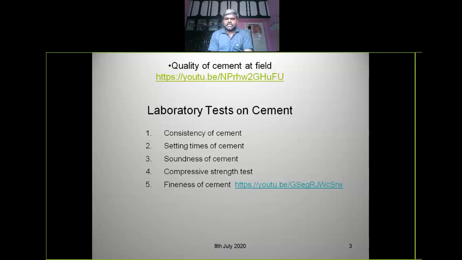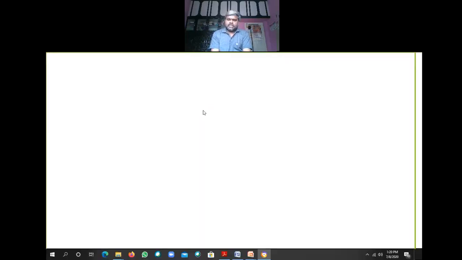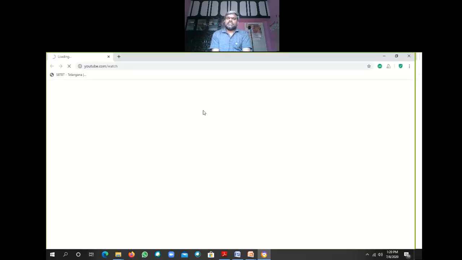You can see the brand of the cement, IS code, grade of the cement, and date of manufacturing. On the cement bag, the week and year are written, like 32 2020 is the 32nd week of 2020. We have to use cement within 3 months of manufacturing, right?